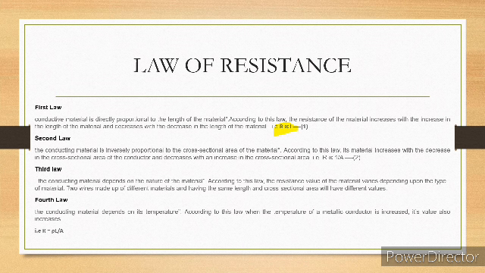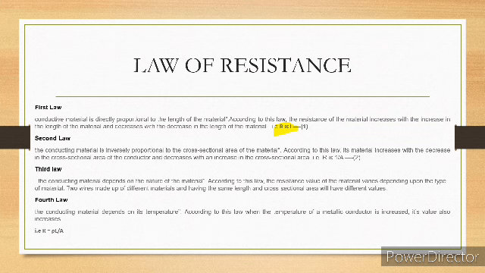So this is the opposite of the first law. In the first law, as the resistance increases, length also increases, but here as the resistance increases, the cross-sectional area decreases, and when resistance decreases, the area increases. So it is the opposite of the first law.